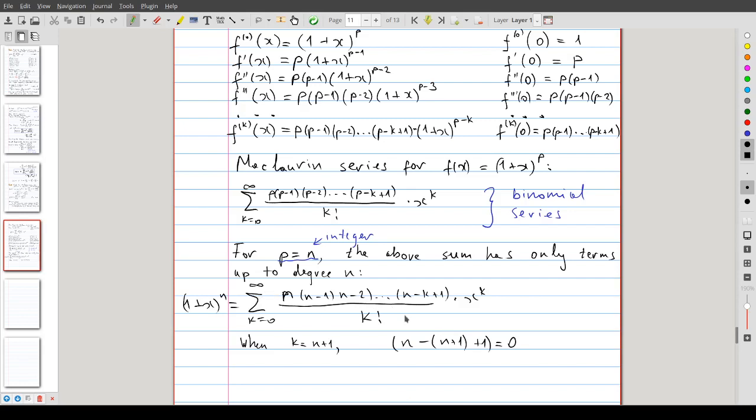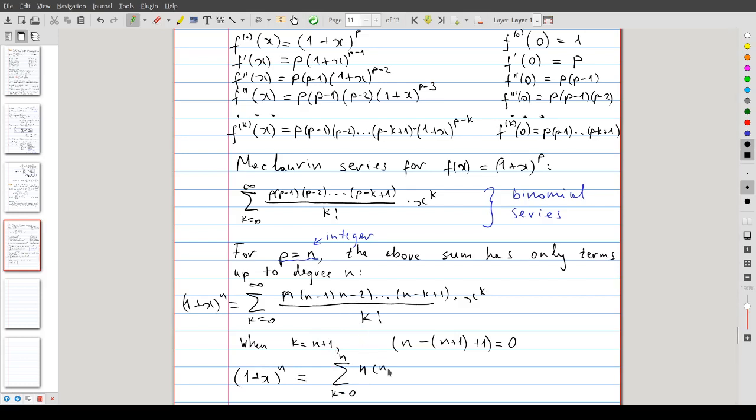All the terms starting from k equals n plus 1 contain this factor, which is 0, in the numerator. So we obtain the expansion for (1 plus x) to the n is equal to the sum from k equals 0 to n, because k equals n plus 1 already is 0.